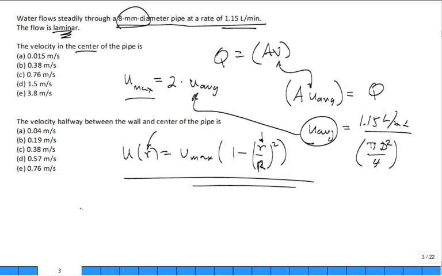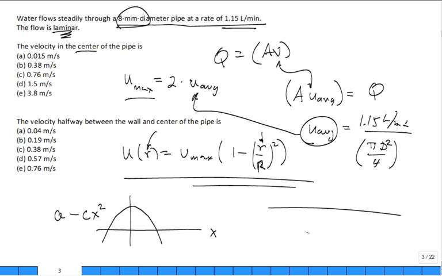It's like if I plotted a minus c x squared as a function of x. It would go something like this, wouldn't it? It's quadratic. And for the velocity profile, here's the center line, u as a function of r is quadratic. That's what we're plotting.